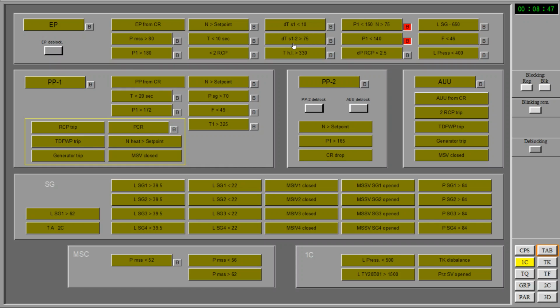No, it is between primary and secondary. Okay, that's totally fine. DT in the primary less than 10. Just in case, I will disconnect the security, but I don't think it's needed. I think it's between 2 legs of the primary, not between any leg and the pressurizer. And the other things look fine.